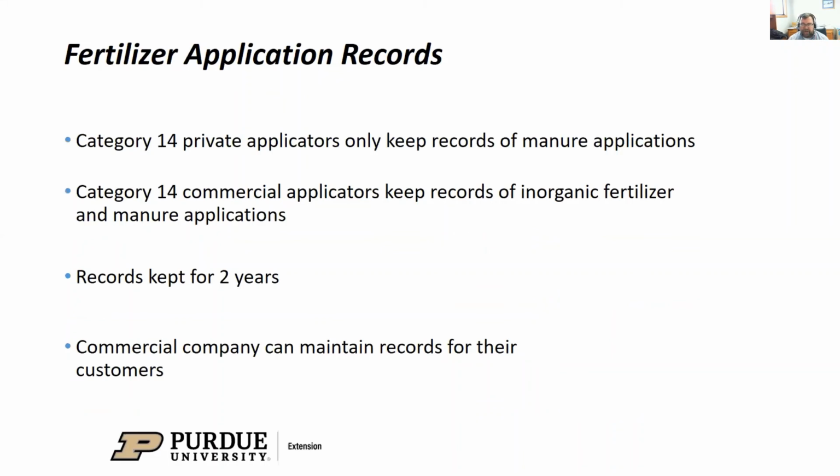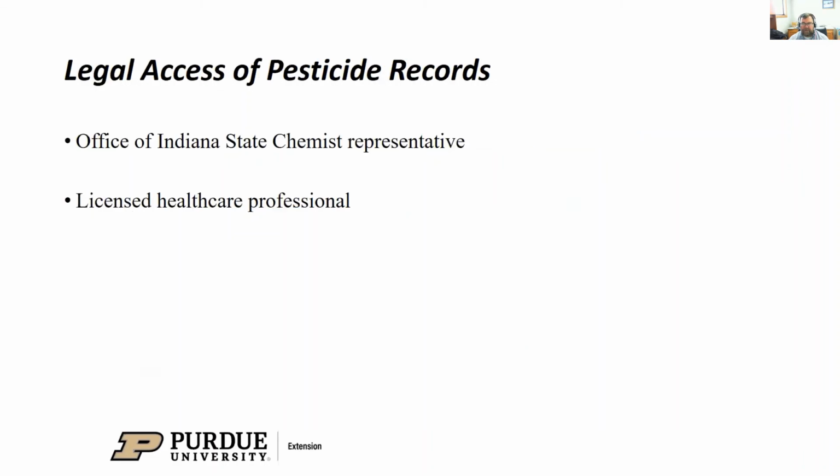Fertilizer application records: Category 14 private applicators keep records of manure applications, and Category 14 commercial applicators keep records of their inorganic fertilizer and manure applications, and keep these for 2 years. And if you're a company, maintaining the records for your customers is necessary as well.